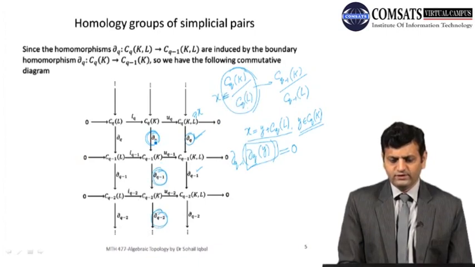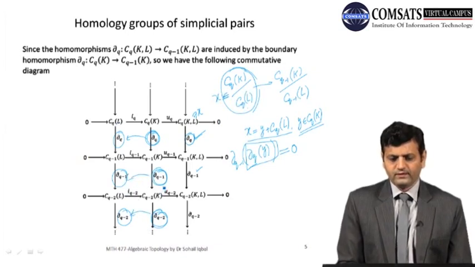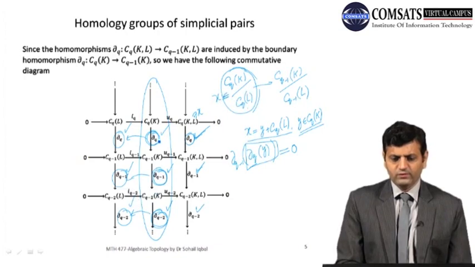And we also know that from these boundary maps we defined the boundary maps of C_q(L) and C_{q-1}(L) and so on. So these are our main boundary maps, and from here we are defining these maps, using the images of the boundary maps of this chain complex.